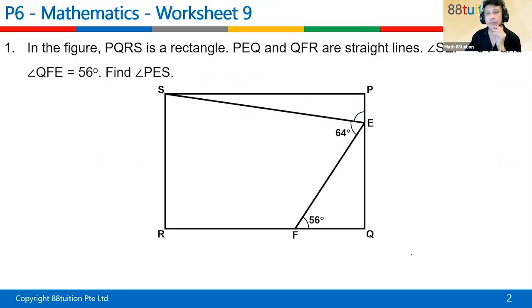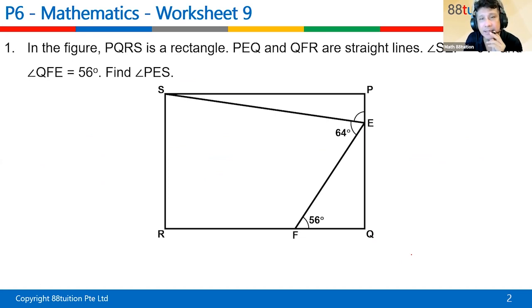So this is our first question. What we need to know is PQRS is a rectangle. So you must know the properties of a rectangle. Basically, the corners are all 90 degrees. Next, they tell us that PEQ and QFR are straight lines.